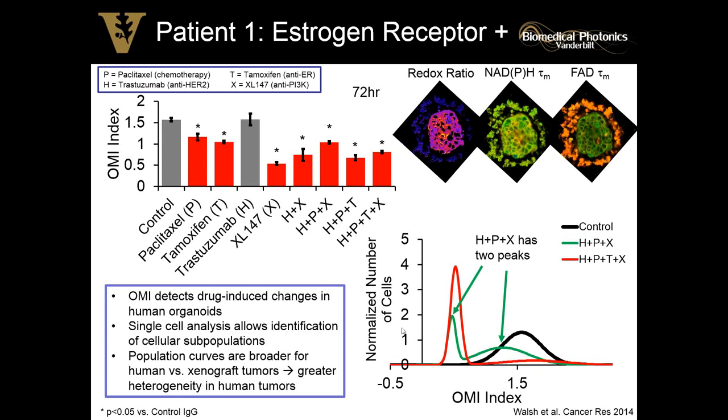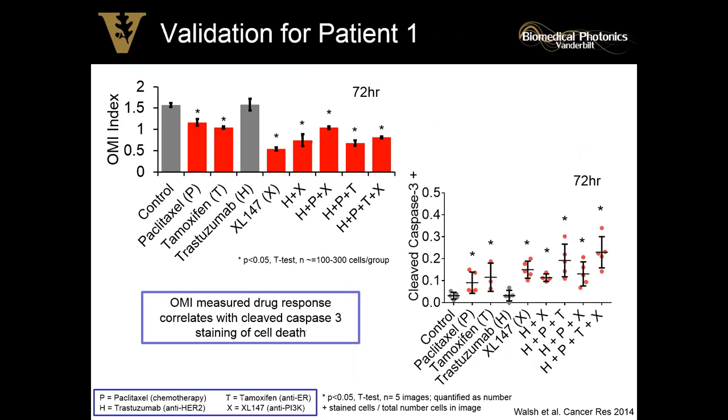So we were able to detect drug-induced changes in human organoids, and the single-cell analysis allowed for the identification of cellular subpopulations of varying metabolism. And these population curves are broader for human versus xenograft tumors, which is what we expect. For validation so far, we have standard measures of apoptosis, which is cleaved caspase 3, and we see that these standard measures agree with our metabolic measures of response in organoids.